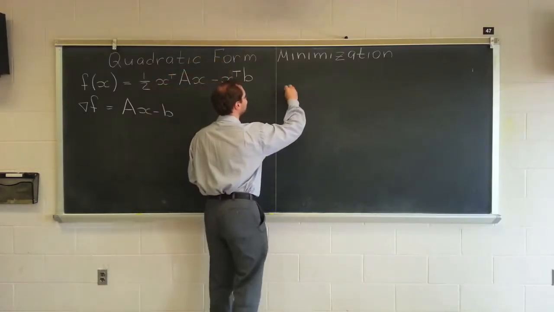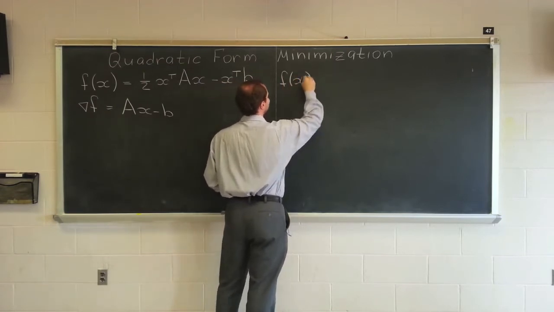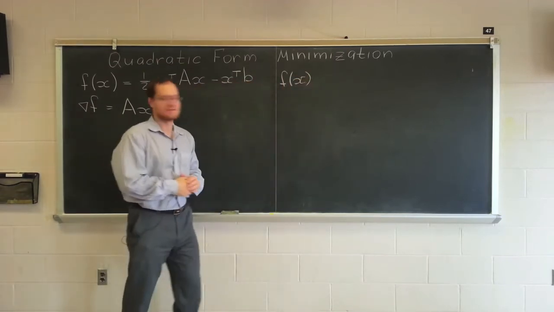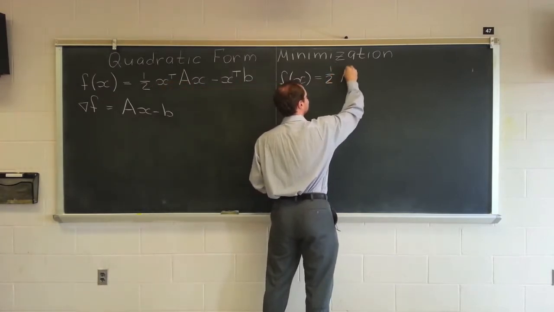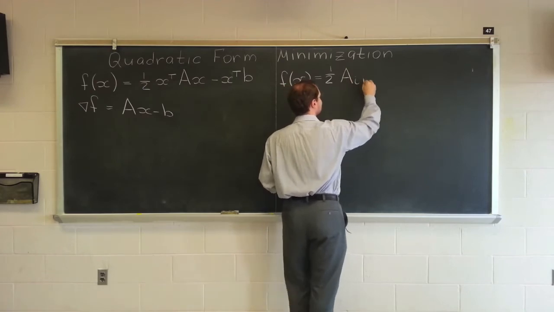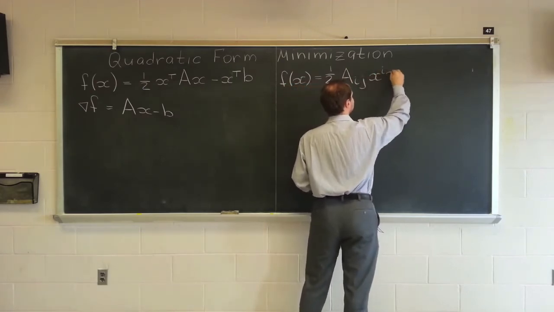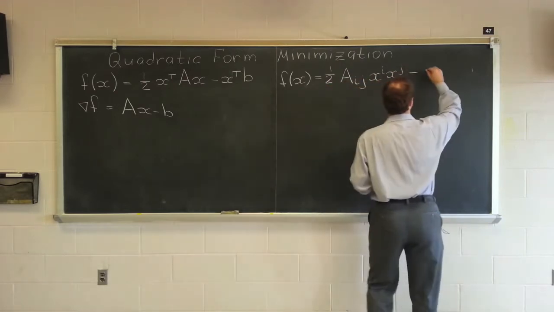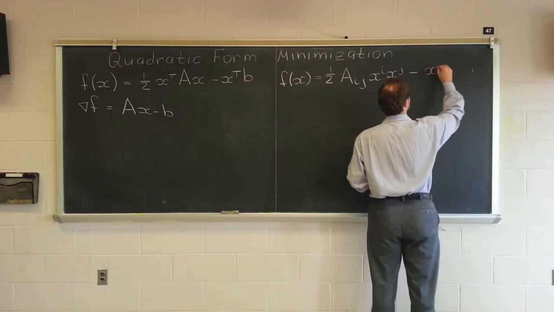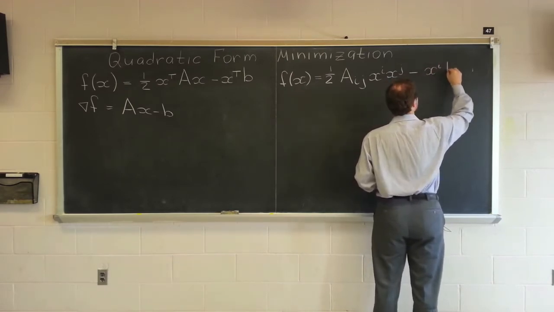All right. So here's the same thing in tensor notation. I actually find this even more appealing written in tensor notation, because the order doesn't matter. Minus x transpose b, which is x_i b_i.